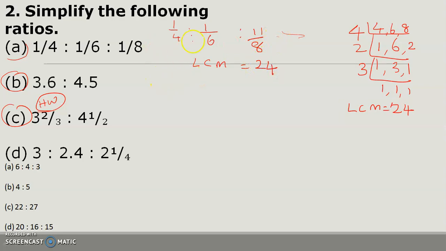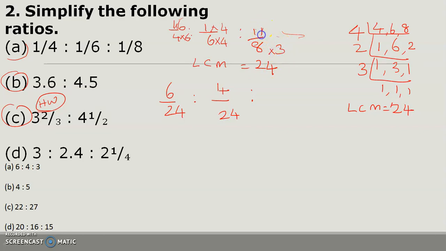So what is the LCM? 24. Now what should be multiplied by 4 to get 24? 6. So I will multiply by 6 in the numerator also. So I will get 6 by 24 is to 1 by 6 into 4, only then I will get this 24. So 1 4s are 4 by 24, which is to again 8 into 3.